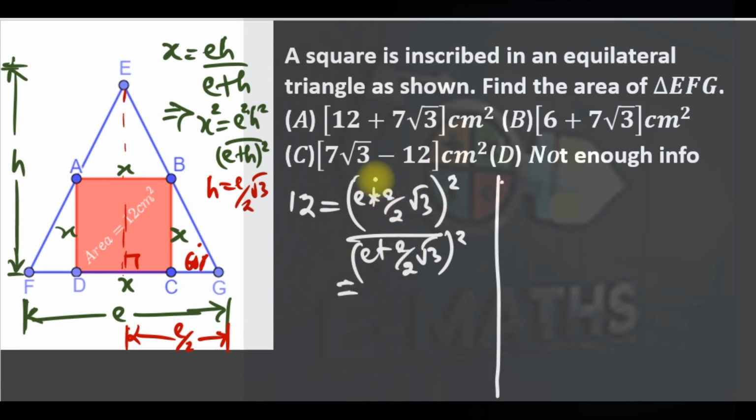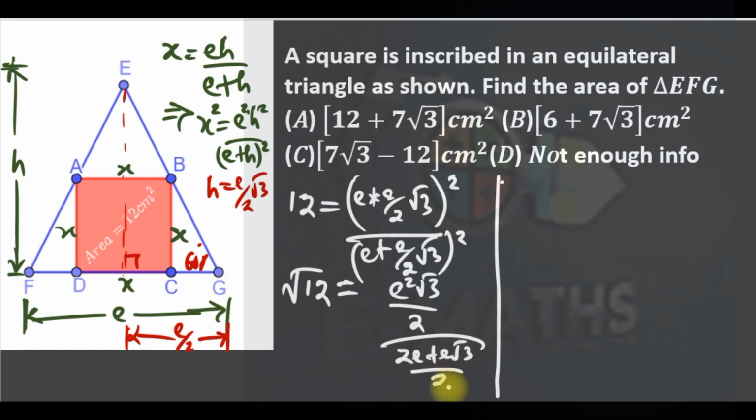Okay, this is equal to E times E squared all squared. So what I will do, I will move this square to this side to be the square root of 12 to make it easy. So this is square root of 12, while this is now E squared root 3 over 2 divided by 2E plus E root 3 over 2.